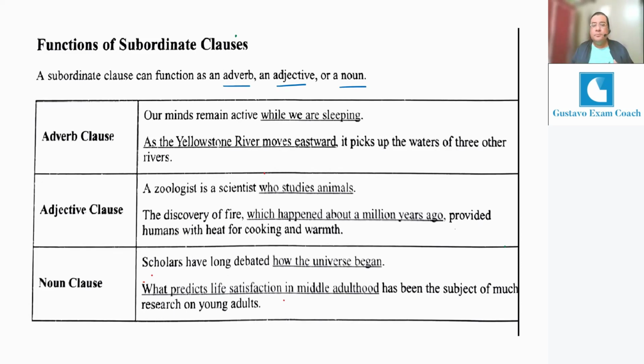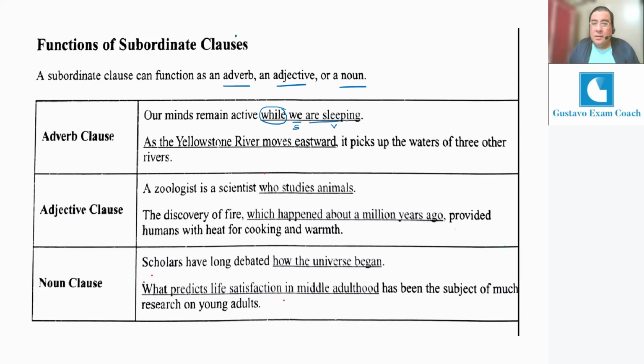For example, "Our minds remain active while we are sleeping." You can see that this is the subordinate clause, right? "While we are sleeping." Here is our subordinator, while, the subject, and the conjugated verb.